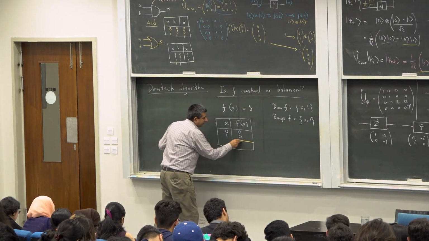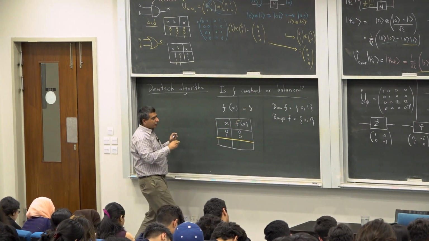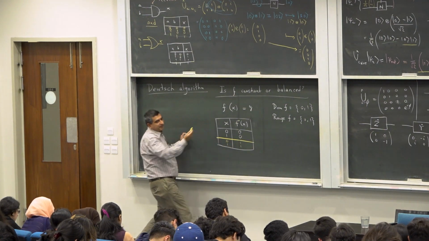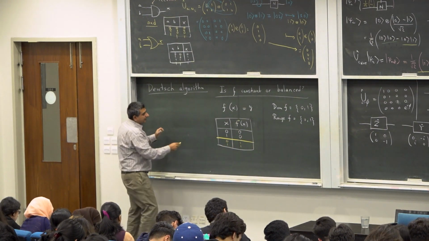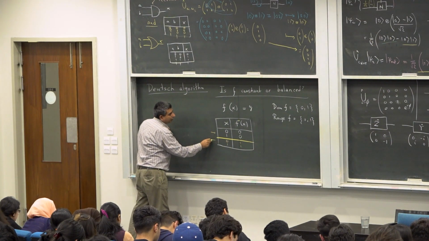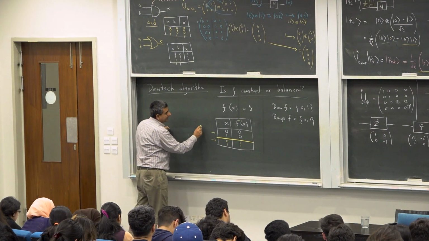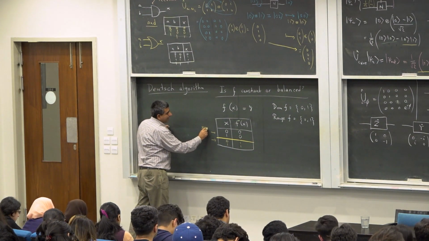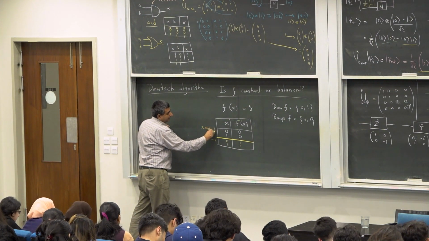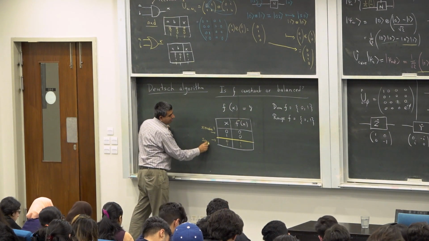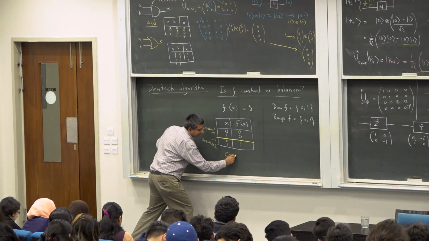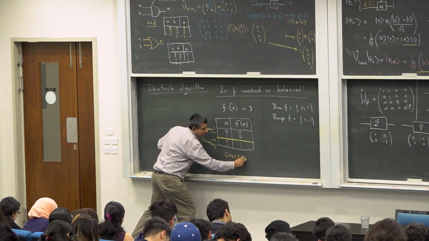This is one possibility. The other possibility for a constant function is that it gives 1 no matter what the input is. So these are two scenarios for a constant function. This is scenario 1. This is scenario 2. And this is the constant function example.